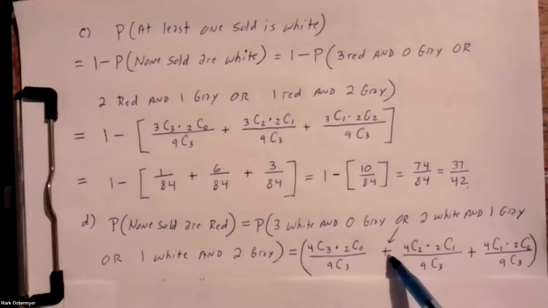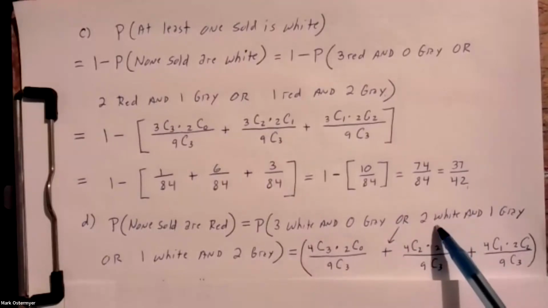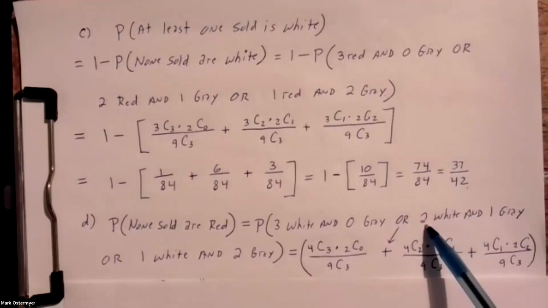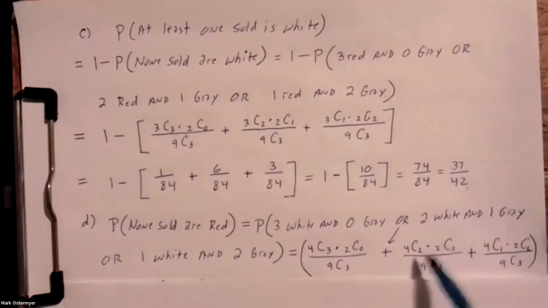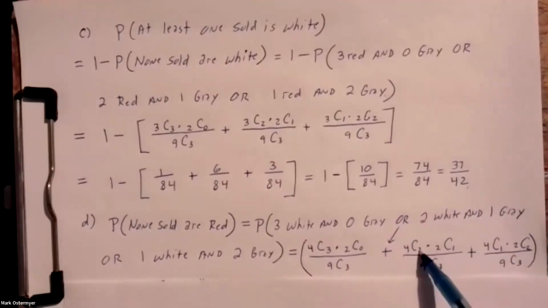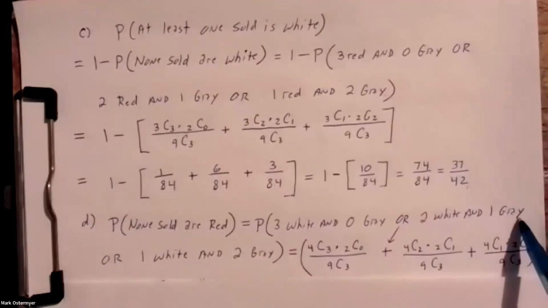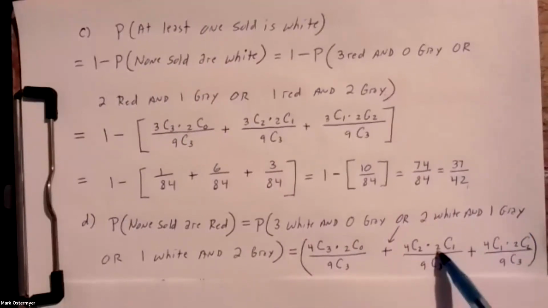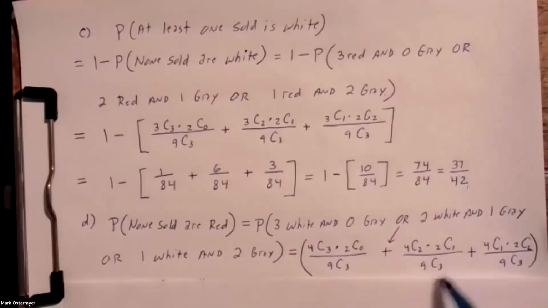Or means plus. How many different ways can we sell 2 white and 1 gray? 4 in combination with 2 is the number of ways of selling 2 white among the 4 white we have available, times the number of ways of selling 1 gray of the 2 gray we have available, 2 in combination with 1, divided by 9 in combination with 3.